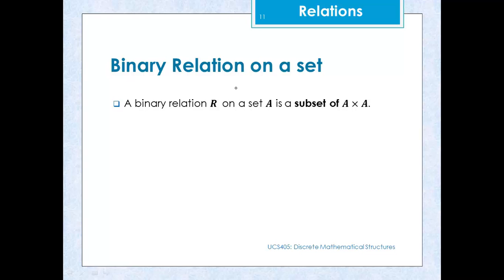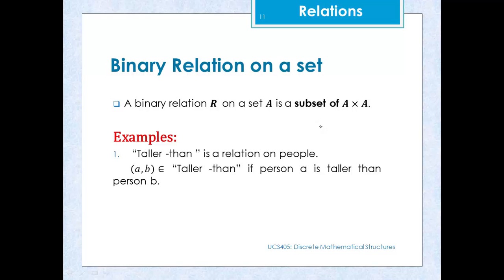Now, if we define a binary relation on a set itself, how is it defined? If we define a binary relation on a set A, then that relation R is a subset of A cross A. Let us see some examples of it. For example, taller than.